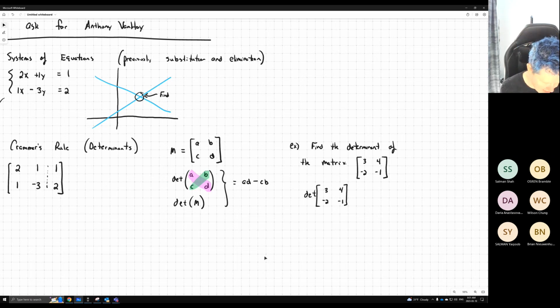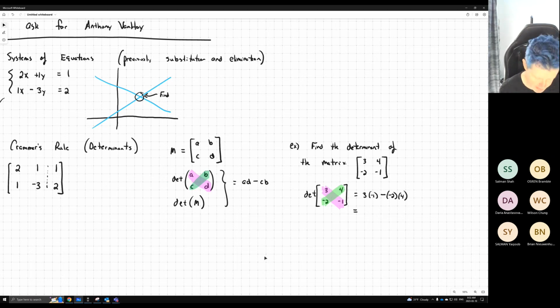Okay, so we're going to multiply down the primary diagonal first, 3 times -1. Then put the minus sign. You always put that minus sign in there. And then multiply down the secondary diagonal. Now, you have to be careful with your arithmetic here. Your arithmetic could be the source of making mistakes.